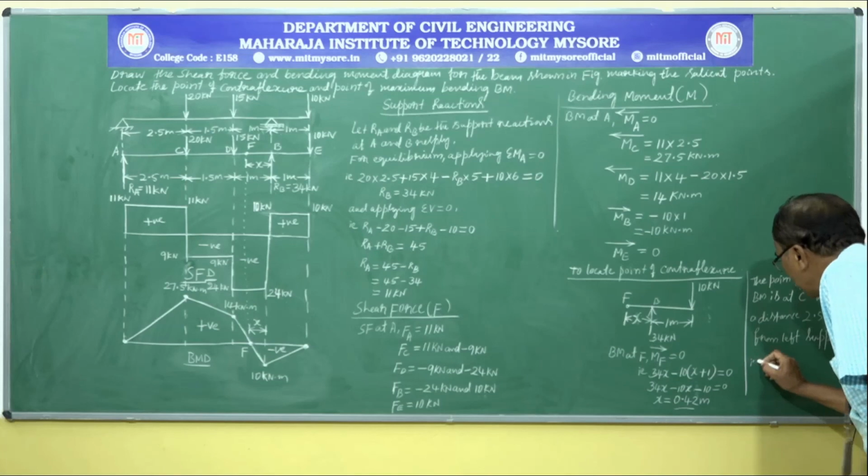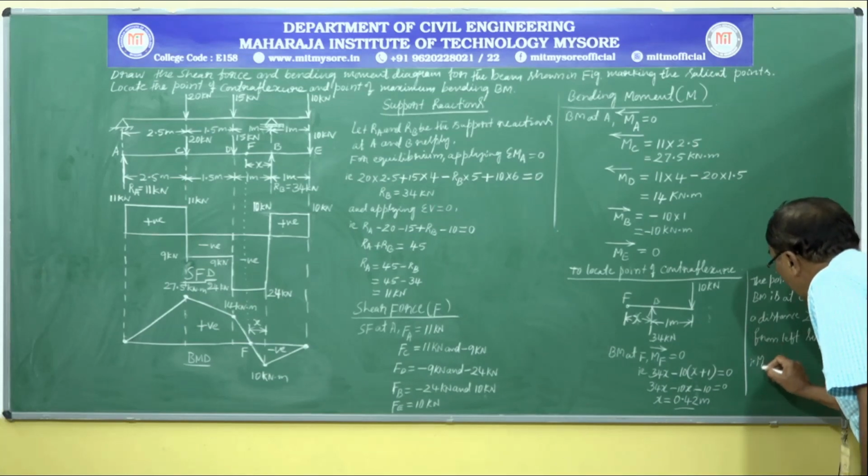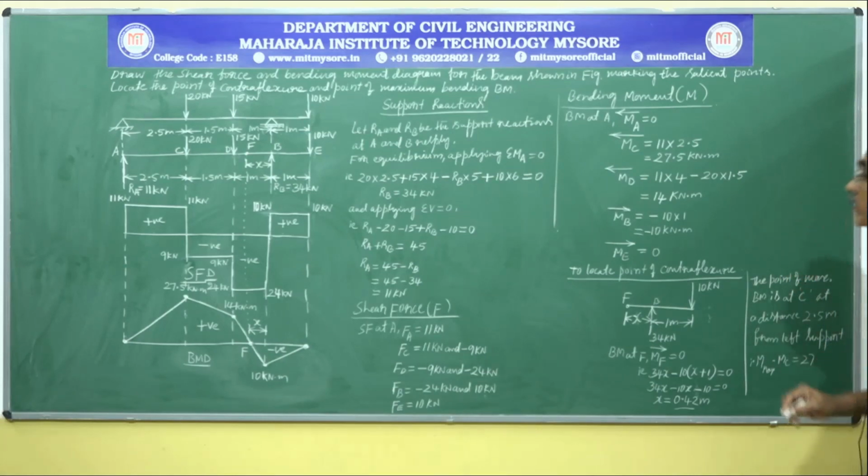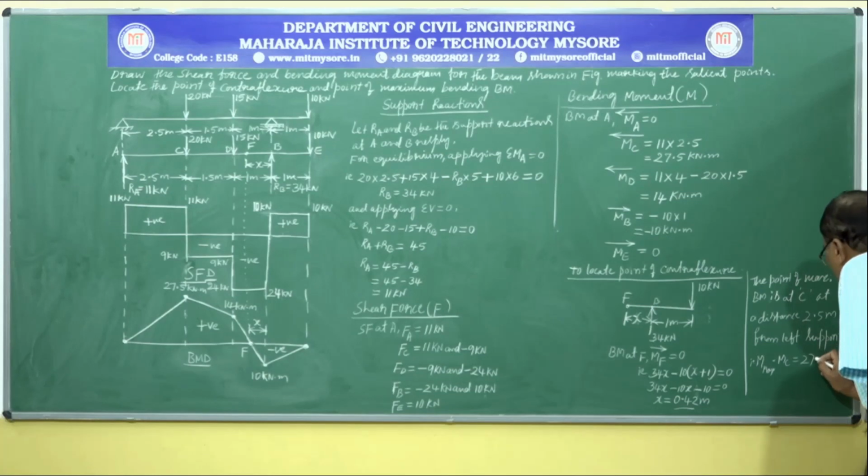That is, M max is equal to MC, that is equal to 27.5 kilonewton meter.